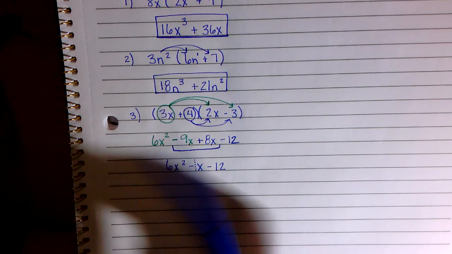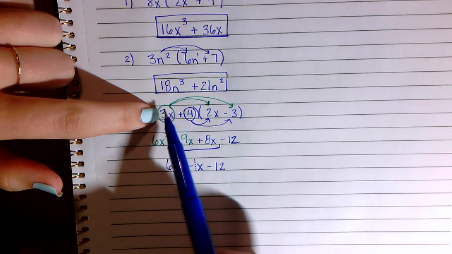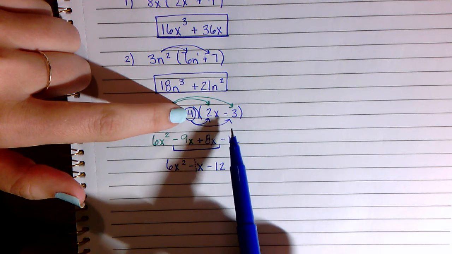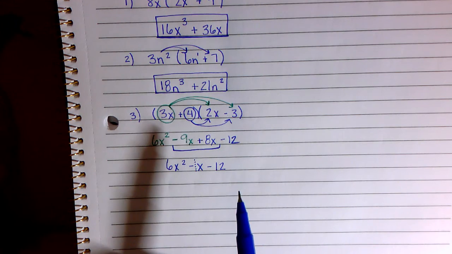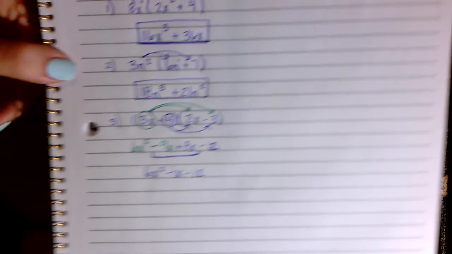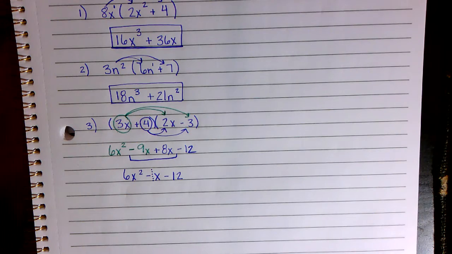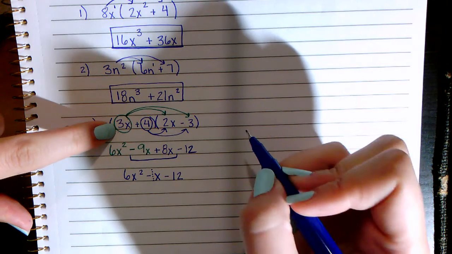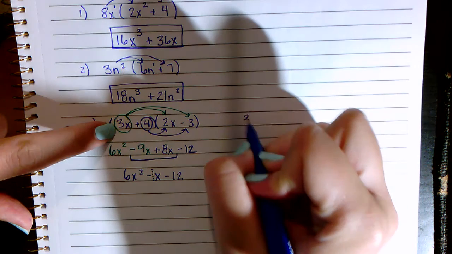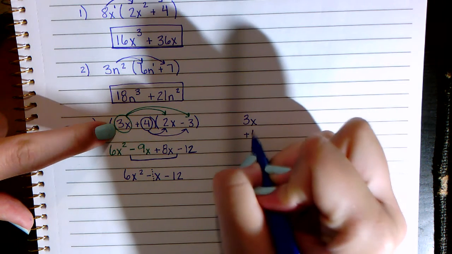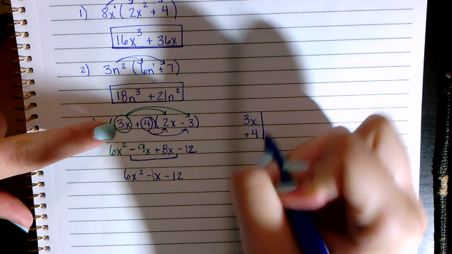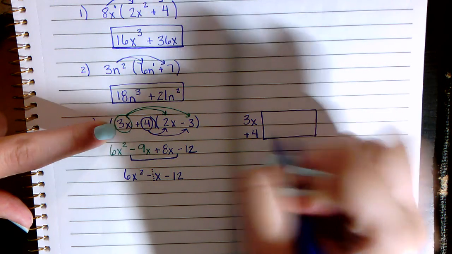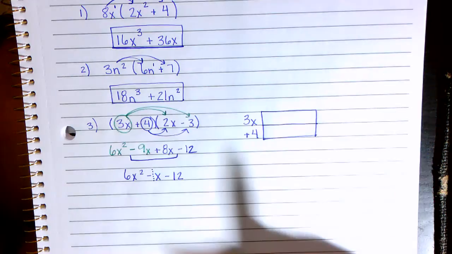Okay, so I just distributed this first number to everything in the back, and the second number to everything in the back. And then I combine my like terms. Let me show you over here to the side how you can box method this if you would like. So you'll just write the first parentheses in its own two boxes.